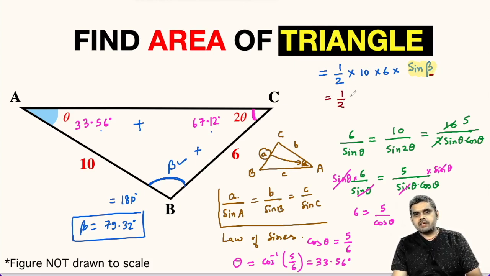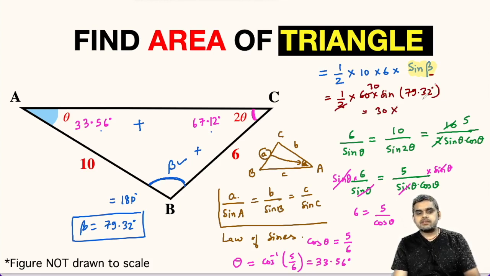Now we have the value of beta, so we can directly compute the area of triangle. So this will be half times 10 times 6, 60 times sine of 79.32 degrees. So this will cancel, so 30 times sine 79.32 degree, which is approximately 0.983. We will take up to 3 decimal places.